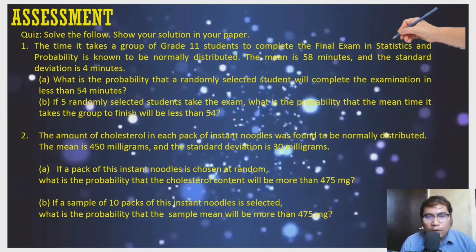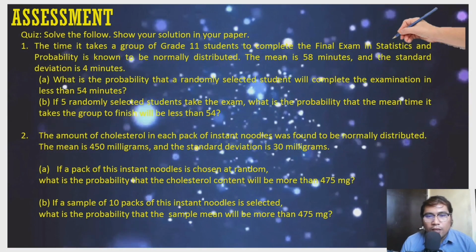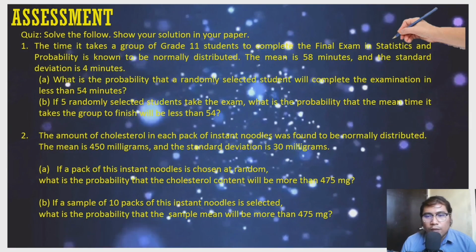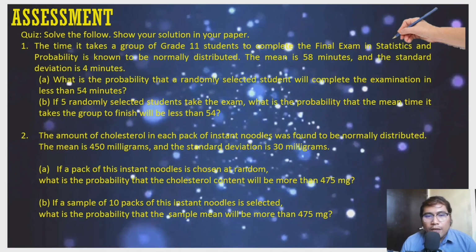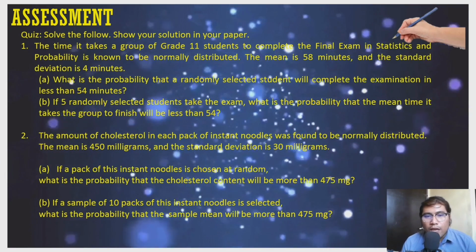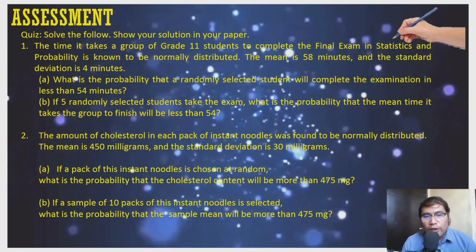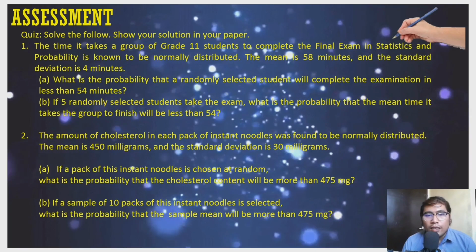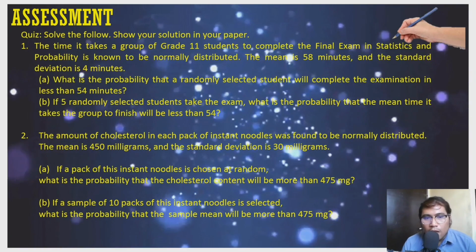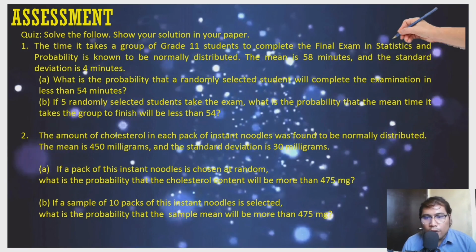Alright, number 2. The amount of cholesterol in each pack of instant noodles was found to be normally distributed. The mean is 450 milligrams and the standard deviation is 30 milligrams. Letter A. If a pack of these instant noodles is chosen at random, what is the probability that the cholesterol content will be more than 475 milligrams?